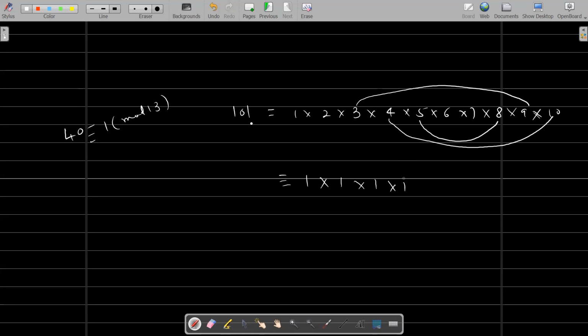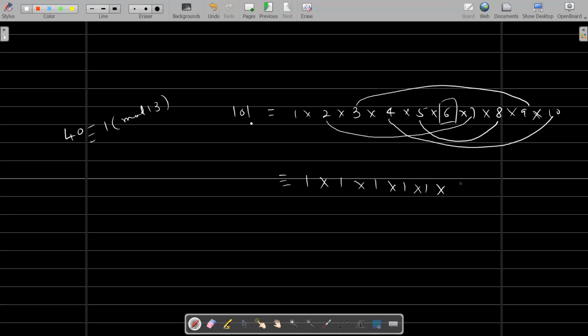Then 7 times 14 is 98, and that is again 1. So I have made all pairs which will give me 1, 1, 1, and we are left with just one number which I have to write as it is.